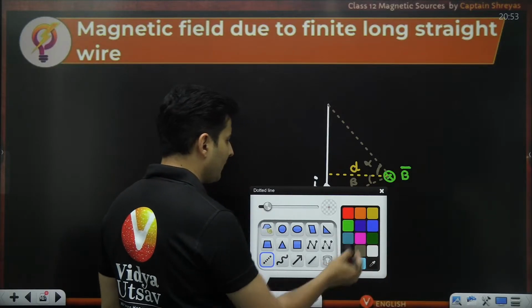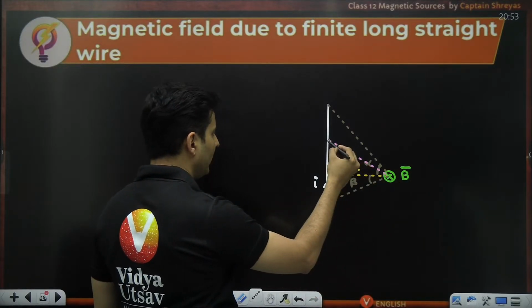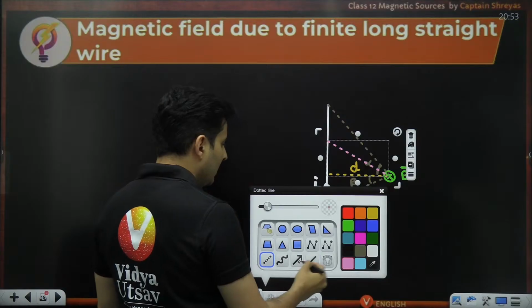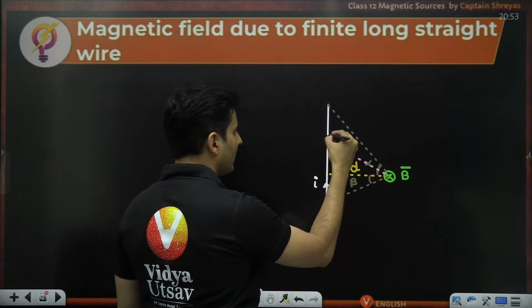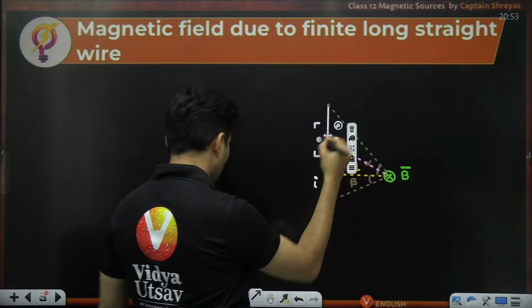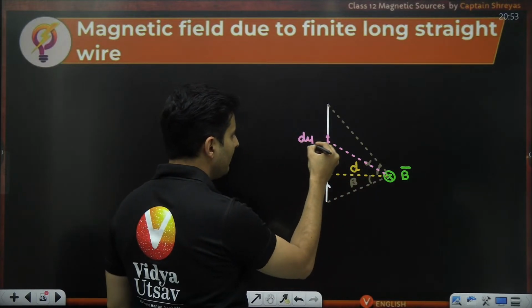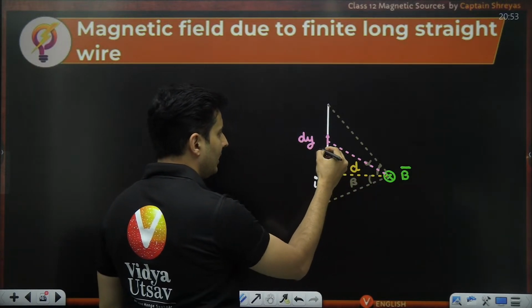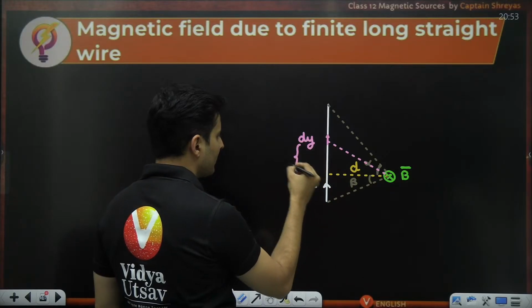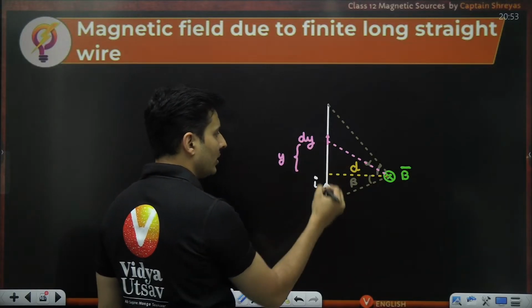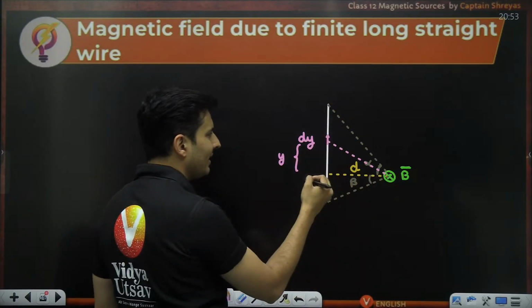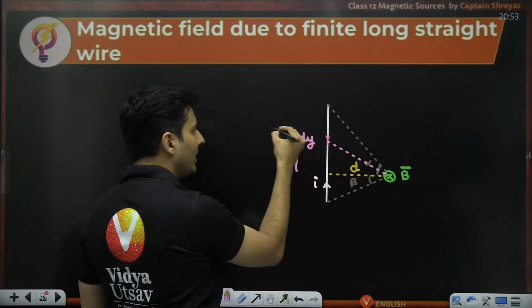It all starts by taking some random generic point over here and some generic element over here. That generic element I can call dy, and it is at a distance of y from the origin. This is your x-axis, this is the y-axis.